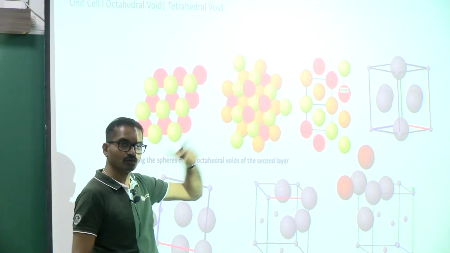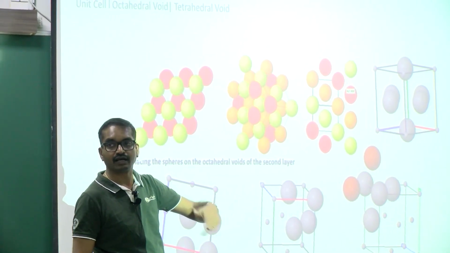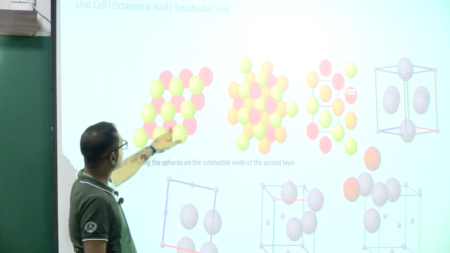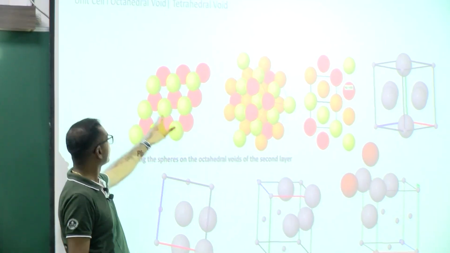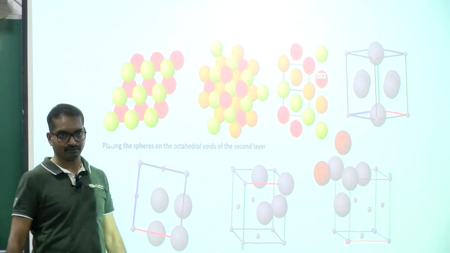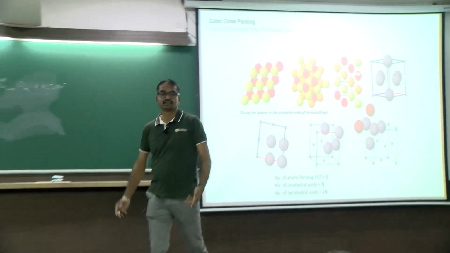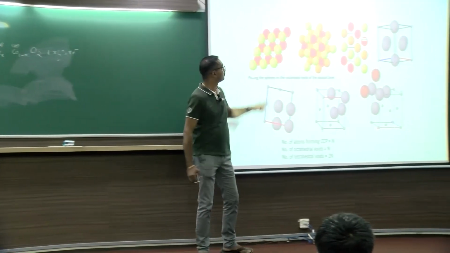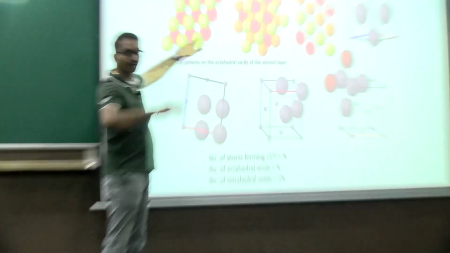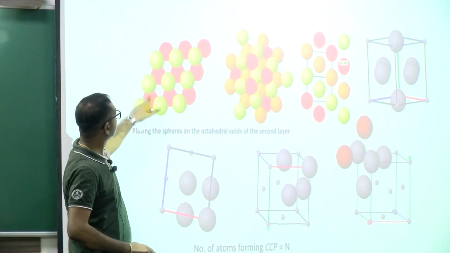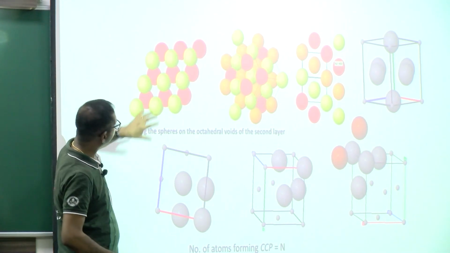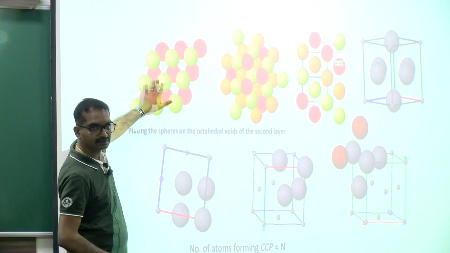Now, I can again put one more layer. For this third layer I have 2 options. I can put it either above this red one, or I can put it at the junction of 6 particles. Strictly speaking, it is not 6, it is again the junction of 3 particles, because this particle is in the top layer and these 3 are in the bottom layer, but from 2D you can look at it as if it is a 6.